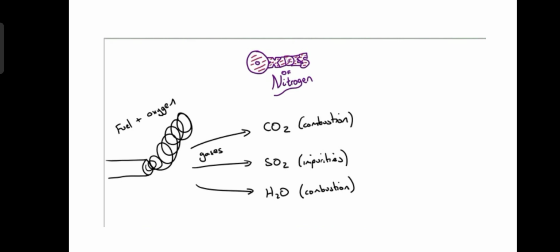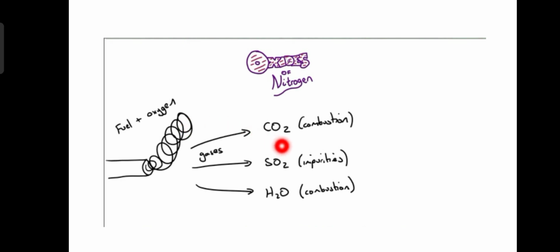So as you know, during fuel combustion we get oxides of carbon and water, and sulfur is present in fossil fuels or some natural gases, so it is obtained as an impurity.